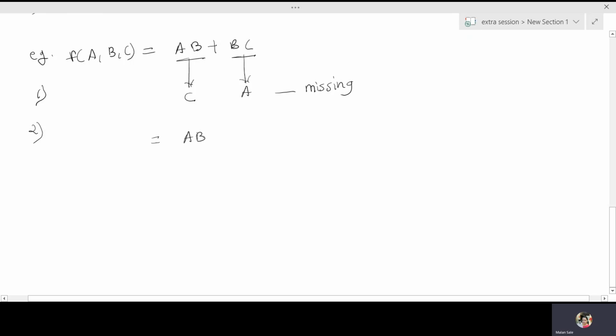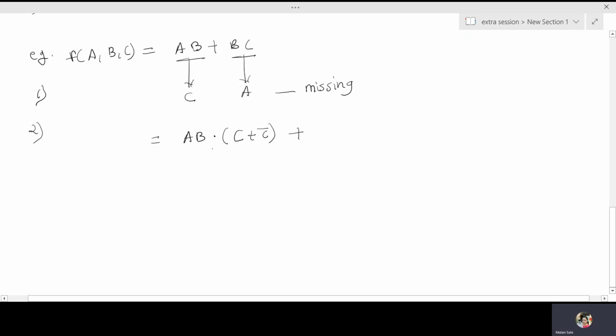The first product term AB is ANDed together with the term which is formed by the missing literal and its complement's OR operation. Now AB product term is having a missing literal C and is ANDed together with the term formed by the missing literal C and its complement's OR operation.